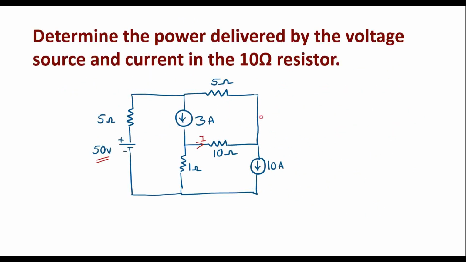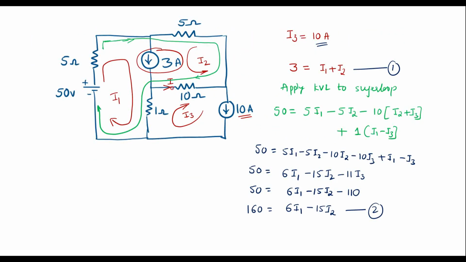Another question is the current in the 10 ohm resistor. Here the current in the 10 ohm resistor is I. I is nothing but I2 plus I3.